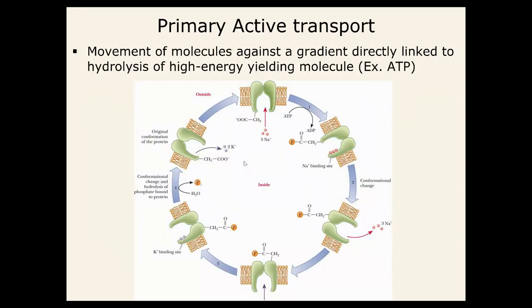Okay, so let's use this as an example of a phosphorylation event. Here, this will be an example of primary active transport. And essentially what this is, the sodium potassium ATPase.